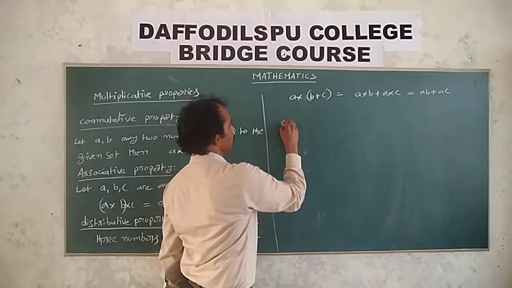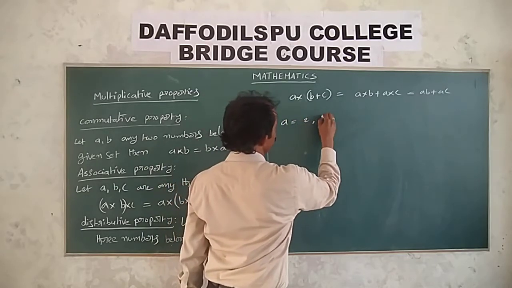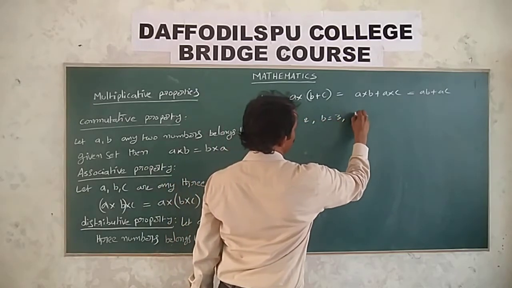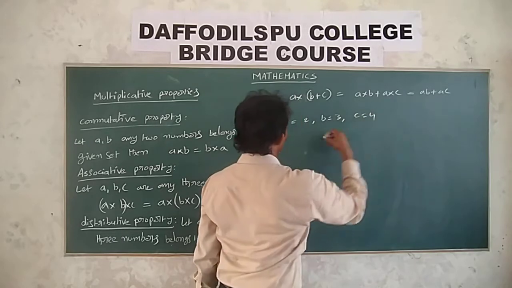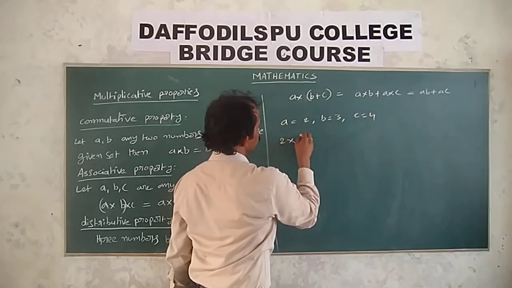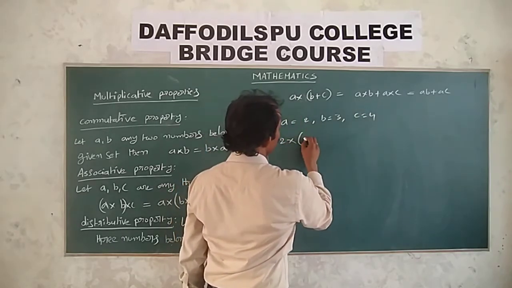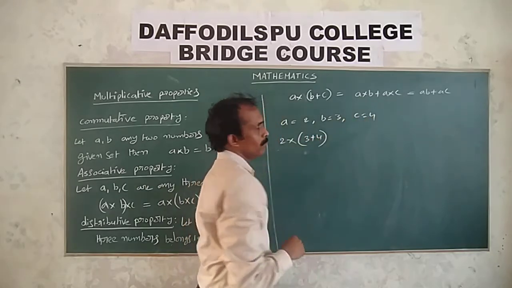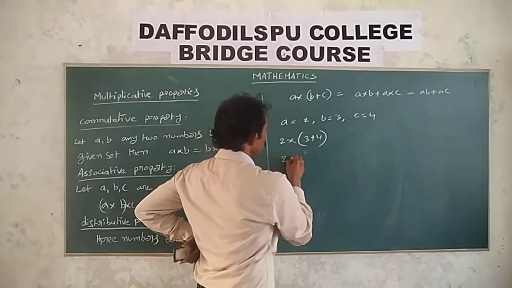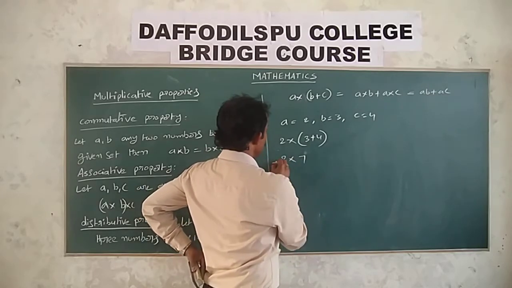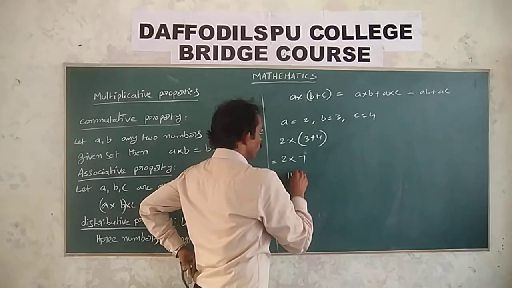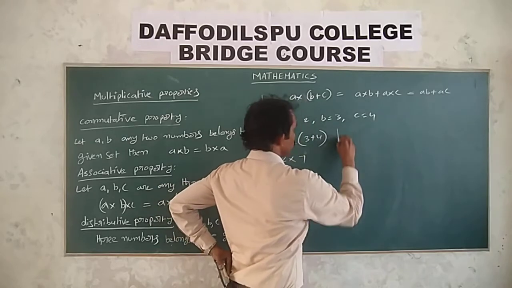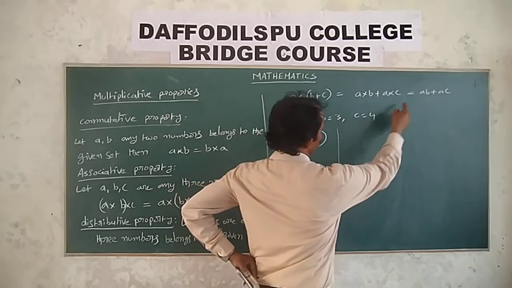Okay, for example, A is equal to 2, B is equal to 3, and C is equal to 4. A into B plus C is 2 into 3 plus 4, which is 2 into 7, equal to 14. This is the LHS value. Now the RHS value.